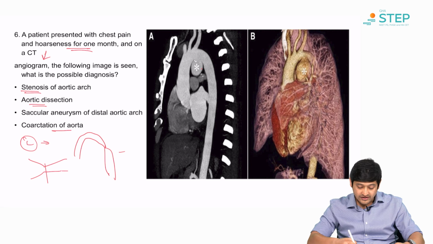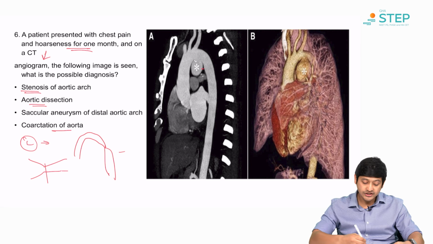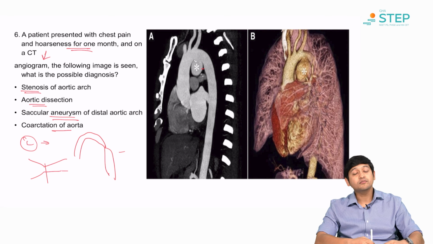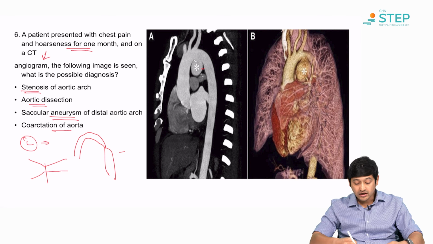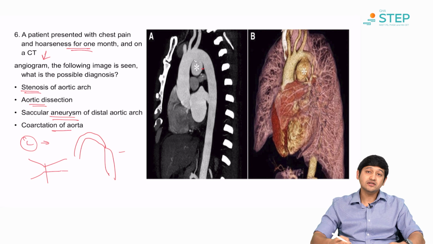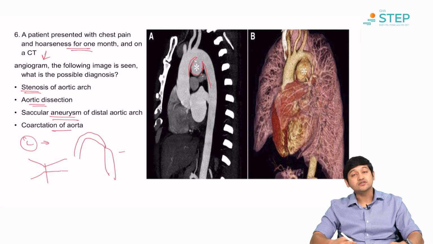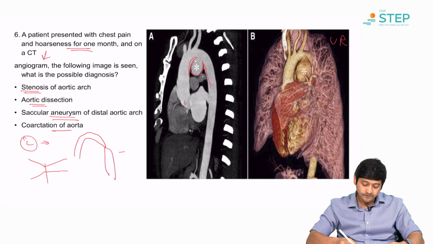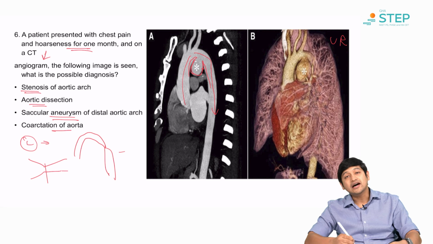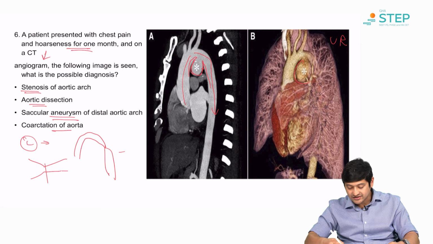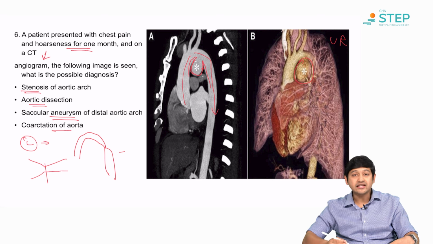If you have the recurrent laryngeal nerve passing close to the aortic arch and there is an aneurysm or a protrusion or a bulge from the lumen of the aorta, that can cause a recurrent laryngeal nerve issue and thereby cause hoarseness of voice. So in the volumetric reconstructed image and the MIP images, you can see that there is a protrusion from the arch of the aorta, probably compromising the recurrent laryngeal nerve and giving you hoarseness.